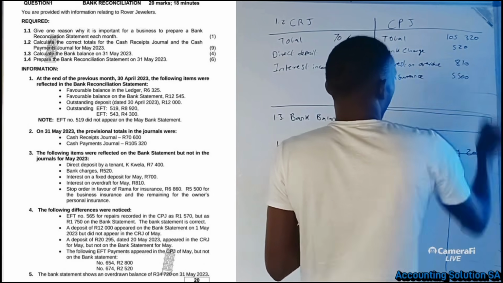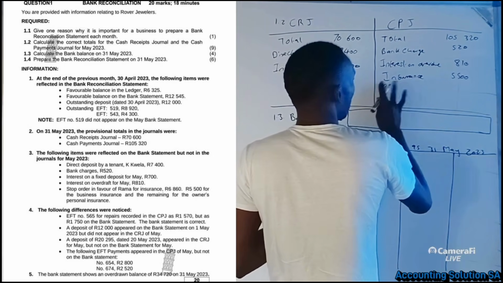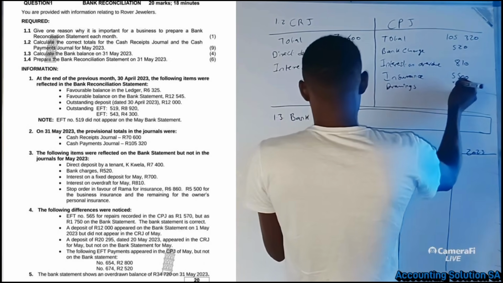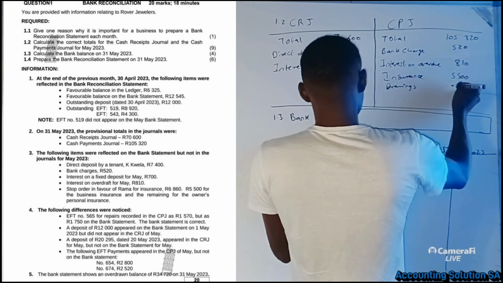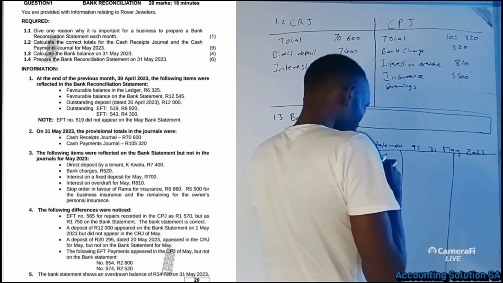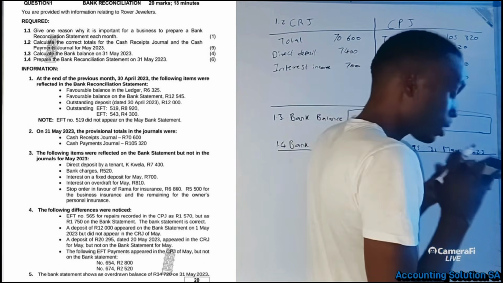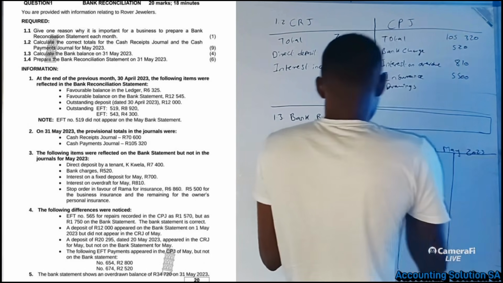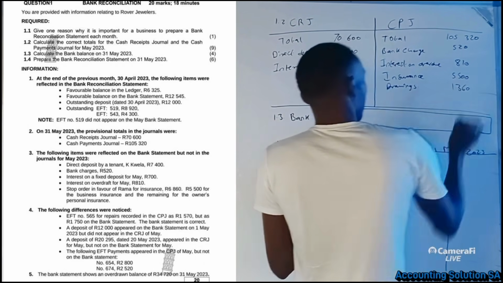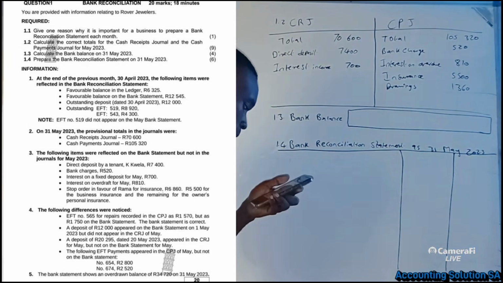They said for business is 5,500, and for personal use, which we call drawings, it's going to be the difference between 5,500 and 6,860. You just say 6,860 minus 5,500. You will get the difference of 1,360. Very simple. Okay, I think on this part we are done.